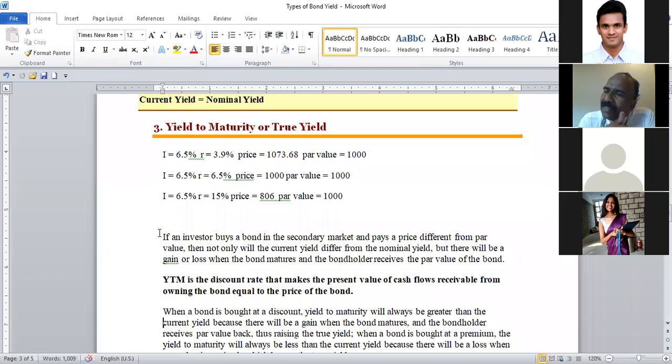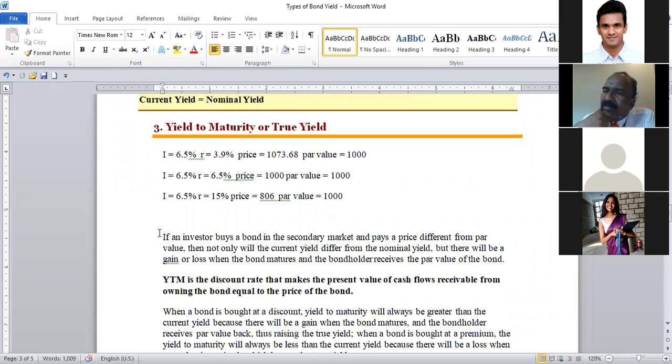Both are equal means the price on the left-hand side equals the annual cash flows you received on the right-hand side. How did you calculate that? I repeat the equation: 65 divided by 1.039 power 1, plus 65 divided by 1.039 power 2, plus 65 divided by 1.039 power 3, plus 1000 divided by 1.039 power 3.